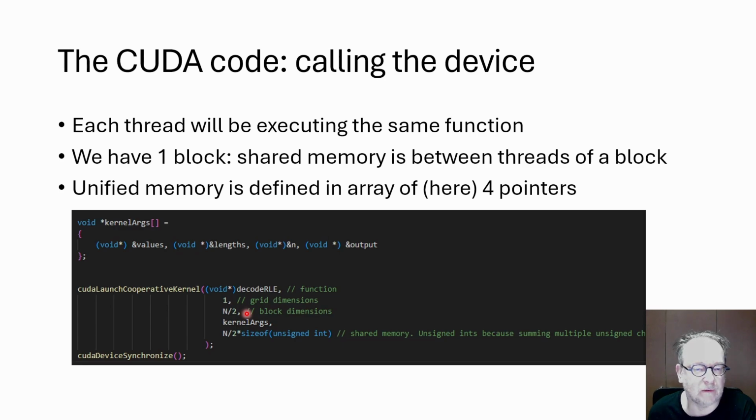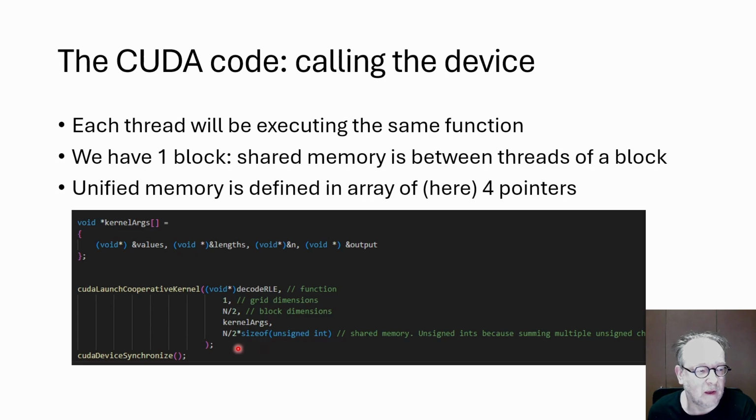And the parameters to the function itself are actually defined here. That is an array of pointers to all the allocated buffers. So the 3 input buffers that we defined, and then the place where to put the output. And then the last parameter is actually the size of the shared memory that we explained previously.